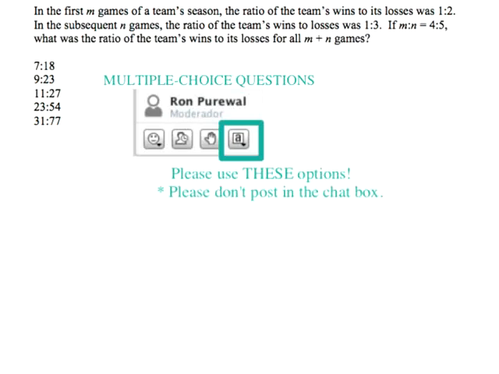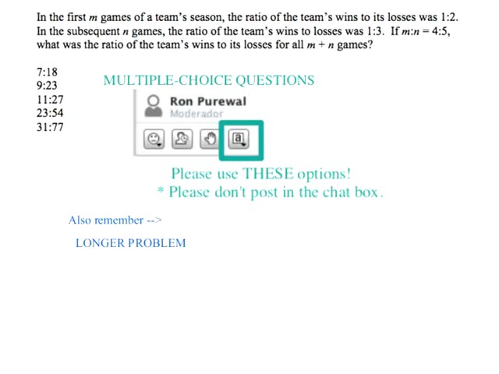Also remember that when there's more words in the problem, these are your A, B, C, D, E, the numbers that are there. So that's A, that's B, that's C, that's D, and that's E.